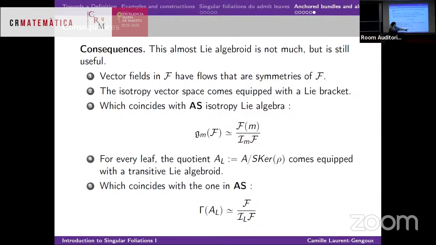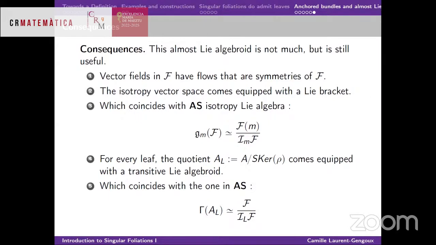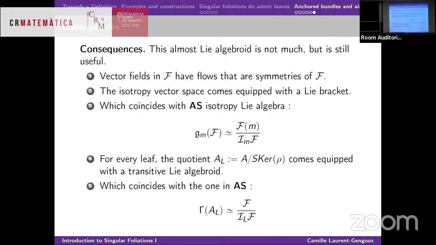The sections of this Lie algebroid, you can see them algebraically as being F divided by F times the ideal of functions vanishing on the leaf. Okay? So you have a very one-line description of sections of this Lie algebroid, called the holonomy Lie algebroid. Okay, so before I arrive at the holonomy groupoid, one more word.